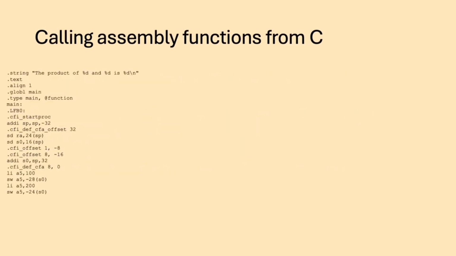An extract of the generated assembly code is shown here, and you can identify the values 100 and 200.